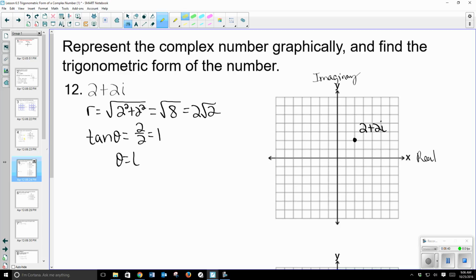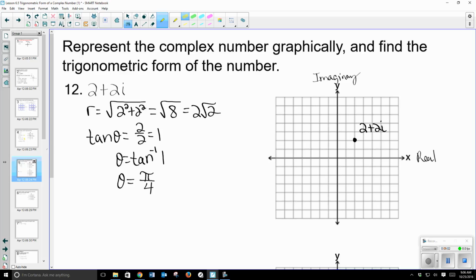So theta is equal to inverse tangent of 1. Theta would be equal to pi over 4, which is a 45-degree angle, right? And that makes sense.